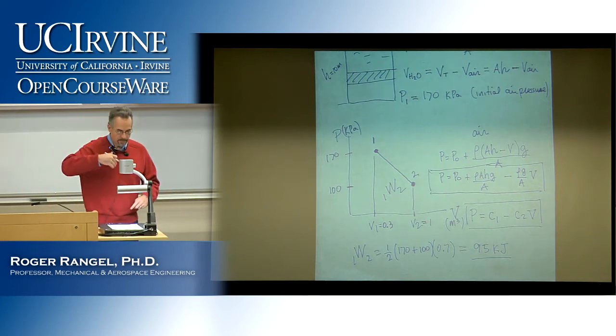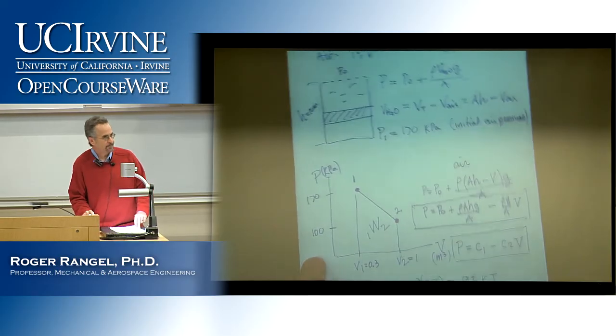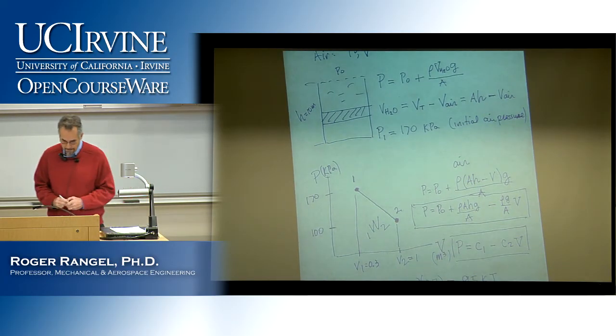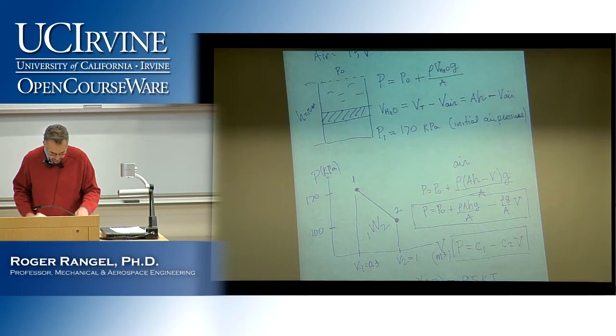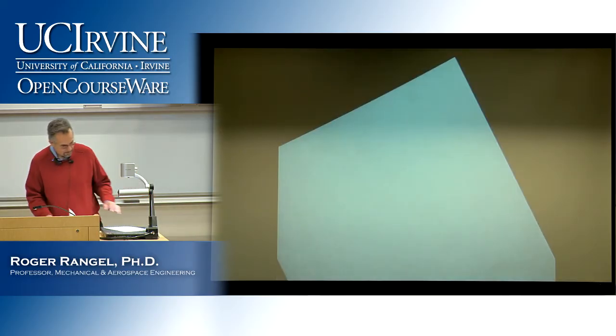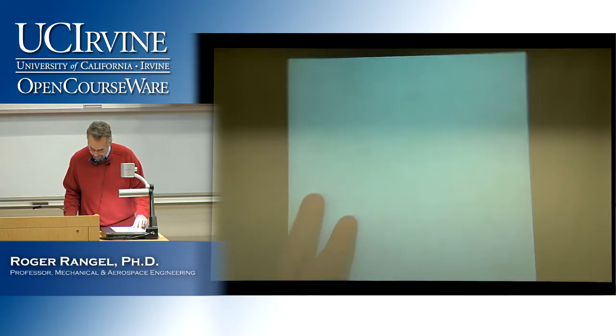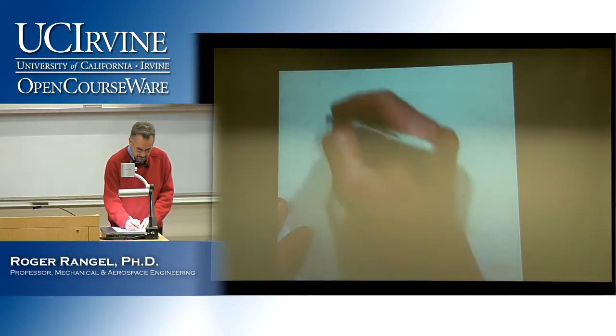So as the piston moves up, as the air pushes the piston up, it does 95 kilojoules of work. All right? And then, how do I find the heat transfer? Again, use the first law.